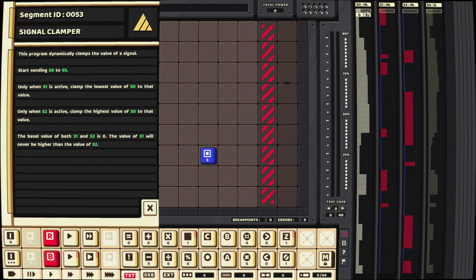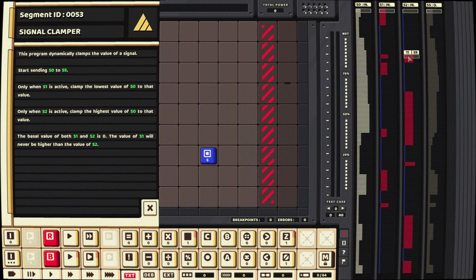So the lowest value of this will be 40, so nothing can ever go below 40 when S1 is active only. When S2 is active, clamp the highest value of S0 to that. So when only S2 is active, you cannot go above 59.